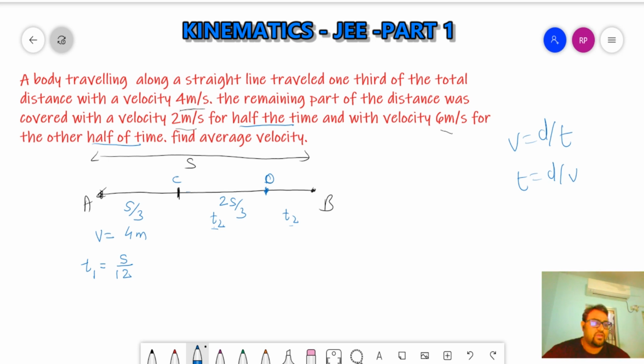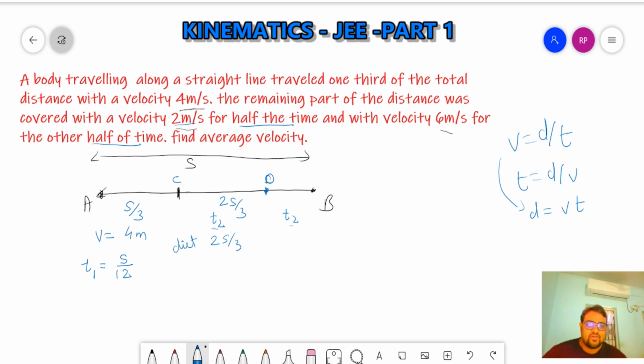Now what is the formula? Distance is equal to velocity into time. From C to D, what is the velocity? 2 meter per second. And what is the time? T2.